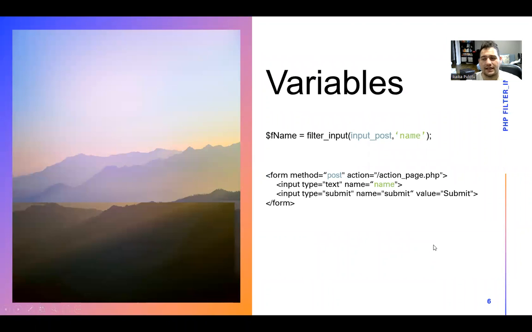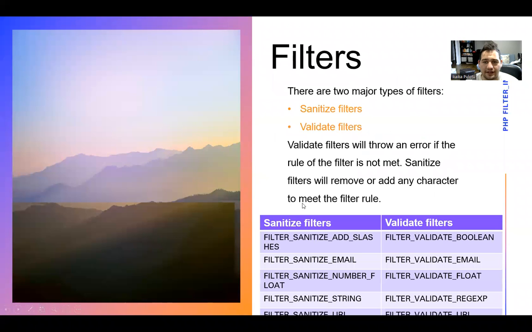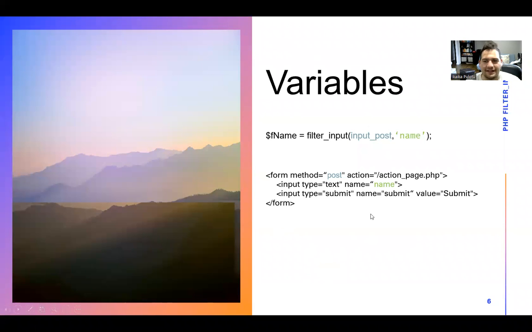The second parameter is the variable. So I have an HTML block right here. It's a form, and it's using the method post, and you see this input type, the attribute for it, is text, but the attribute for its name is name.